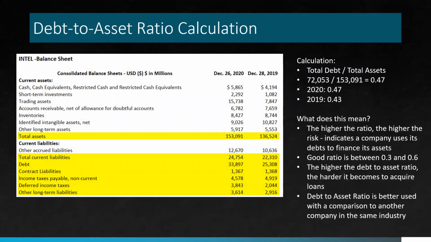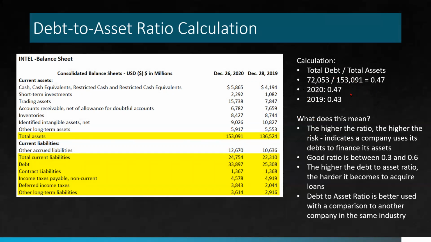Here we're looking at Intel's balance sheet. The calculation is total debt divided by total assets. When I add up the total debt for Intel, which is total current liabilities and everything thereunder, I get a total of 72,053, and I divide that by the total assets, which is 153,091, which indicates that Intel has a debt to asset ratio of 0.47.